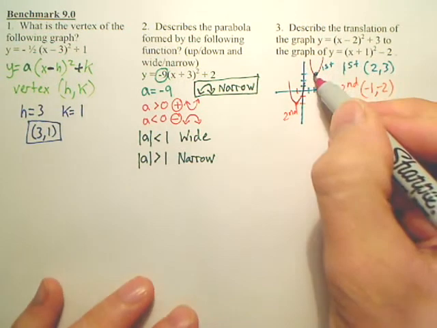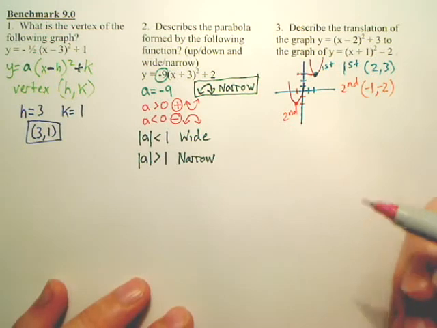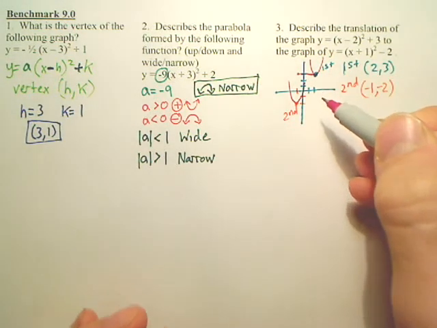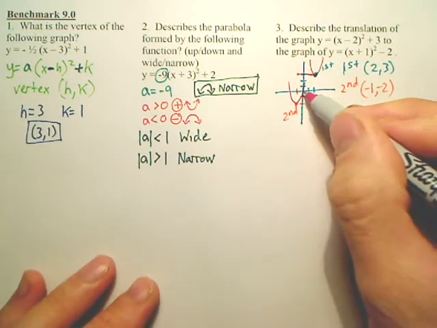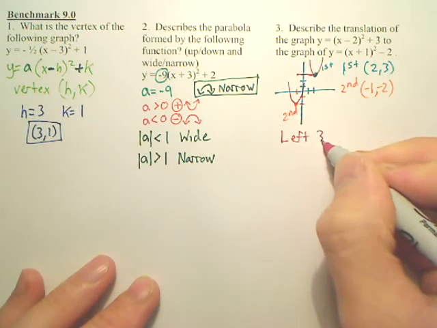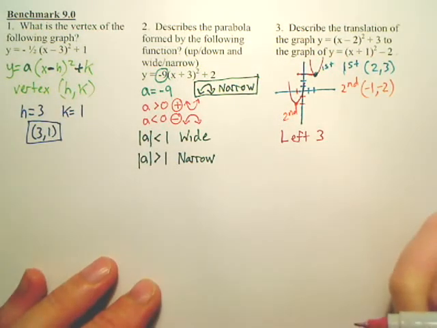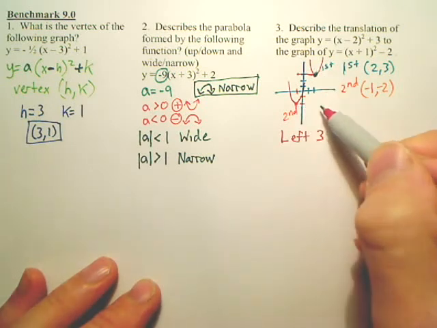So basically, first of all, do you go left or right? You don't even worry about negatives and positives. Left. And you went 1, 2, 3, so you went left 3. Now, if we were starting at the second dot and went to the first, it'd be right 3.